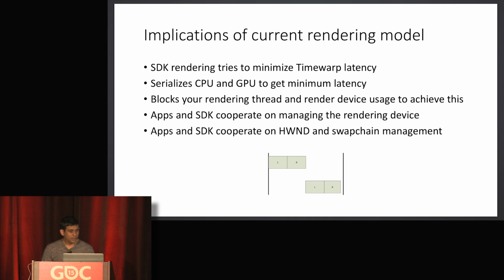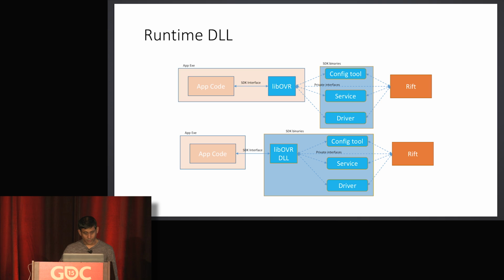So the SDK, as I said, tries to minimize the time warp latency by trying to delay it as late as possible. And it potentially serializes the CPU and GPU to get this minimal latency. So to go back to the diagram that I showed before, you can see here while the CPU is working on preparing the scene, the GPU is kind of waiting for the command buffers to show up.